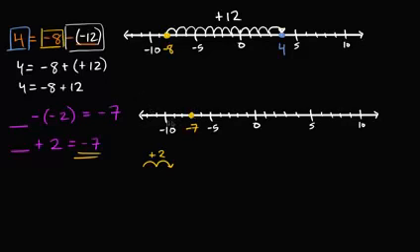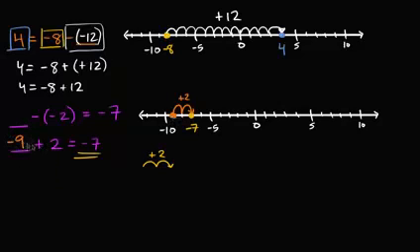If I start at this number right here, and I add 2, I end up at negative 7. Well, what number is this? This number that is 2 to the left of negative 7 is negative 9.